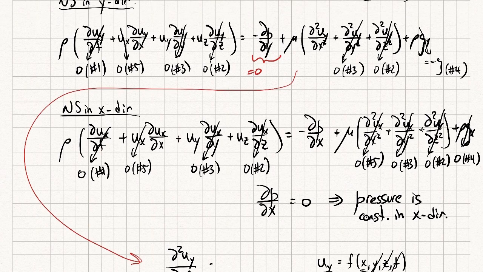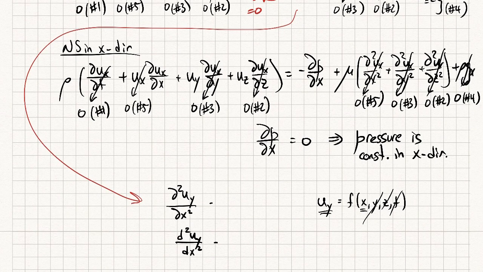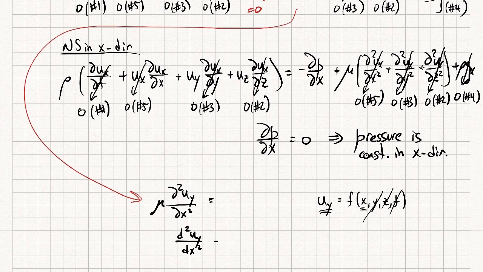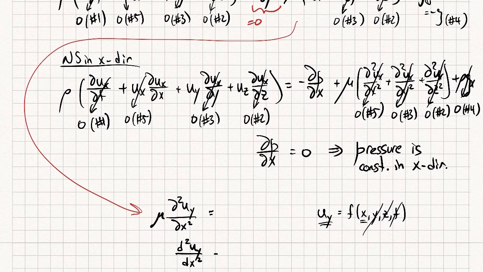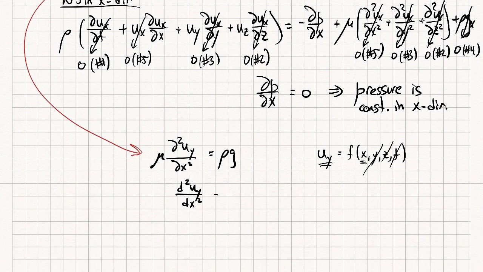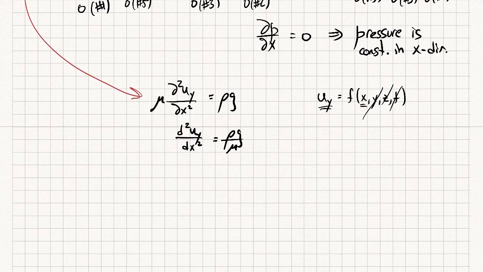When I went back up here, I missed the fact that we have the body force term, the rho minus g. So this equation should be mu times d squared uy dx squared is equal to rho g. That's what that should be. Sorry about that. So then this just looks like this when I divide through by the viscosity.